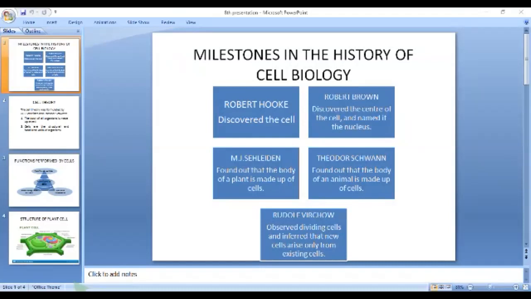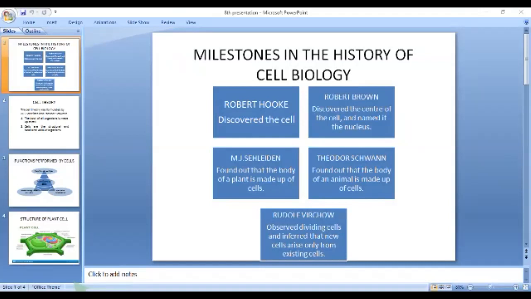So we have studied that Robert Hooke discovered the cell. Robert Brown discovered the center of the cell and named it the nucleus. M.J. Schleiden found out that the plant body is made up of cells. Theodore Schwann found out that the animal body is made up of cells.